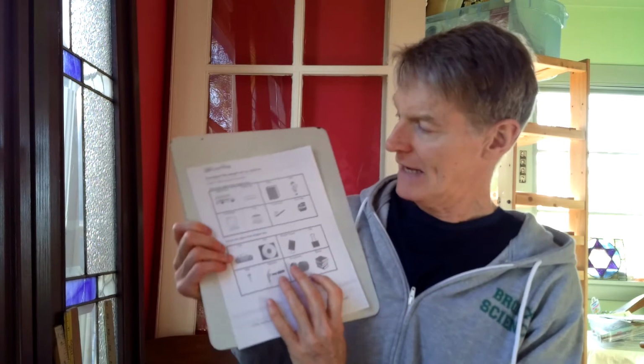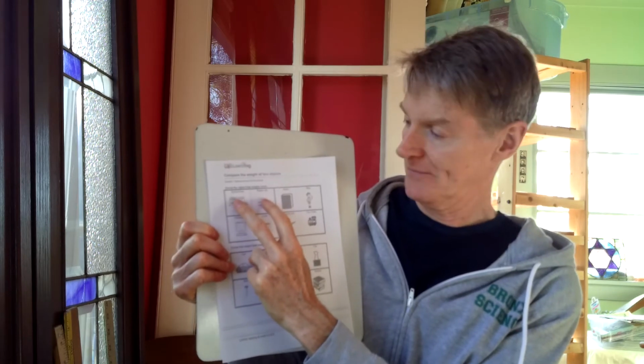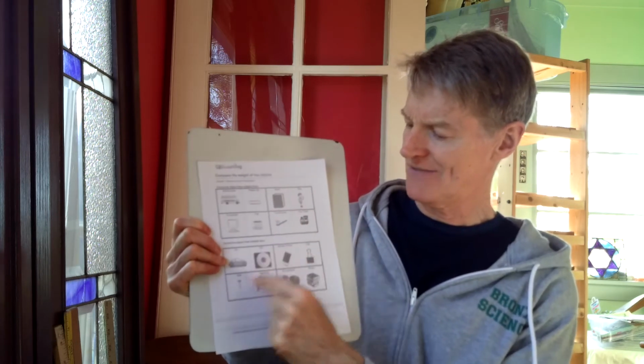Okay? Now, the second page looks like this. And again, you are comparing heavier and lighter. It's a pair of things. There are 1, 2, 3, 4, 5, 6, 7, 8 different pairs. Let's practice counting by 2s.